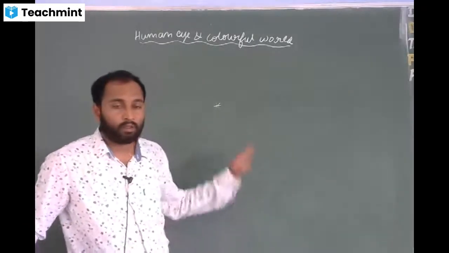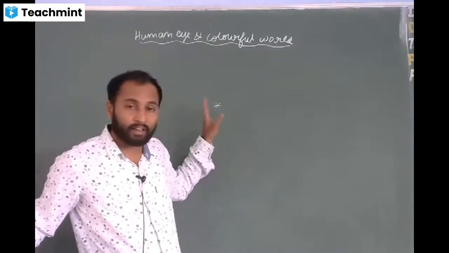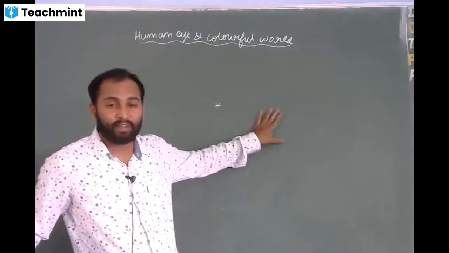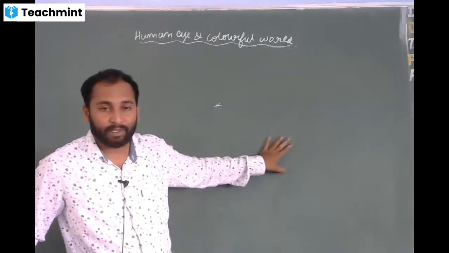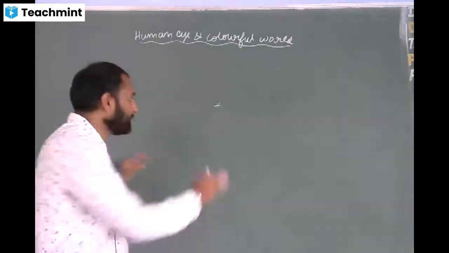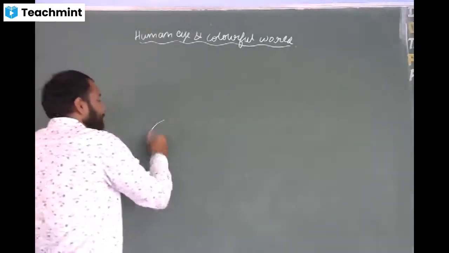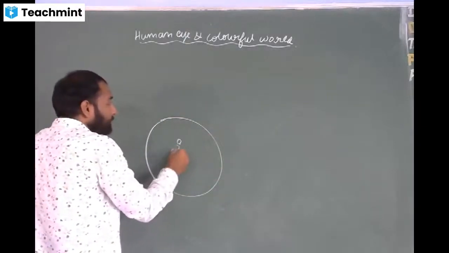The atmosphere is changing, so due to the gradually changing atmosphere, refraction will take place continuously. That is why the position of the star will shift. Let me explain it first. This is earth, and you are standing here.